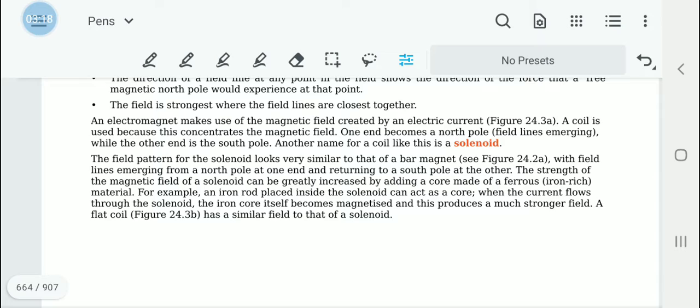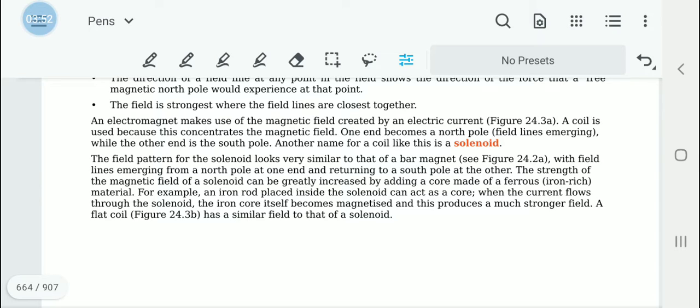But there are some factors that would affect this. Because there is electricity flowing through, we will have to know the direction of the flow of current, and then what is going to be the north pole and what is going to be the south pole. Usually we can increase the field of this magnetic solenoid by having a core in it.